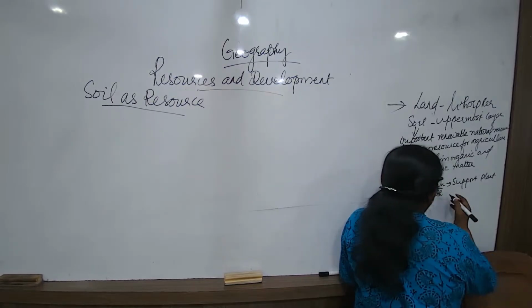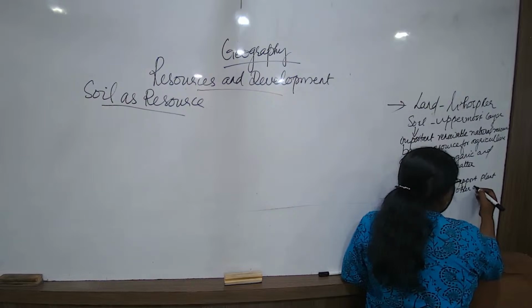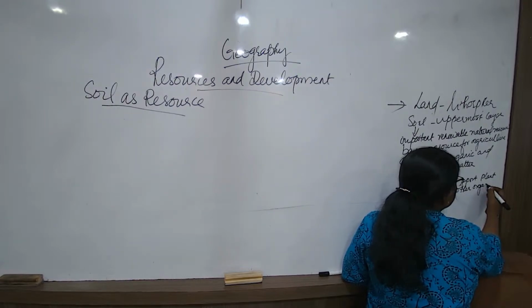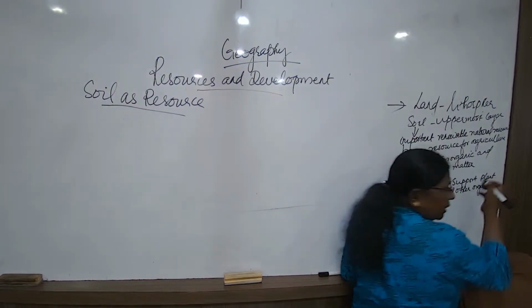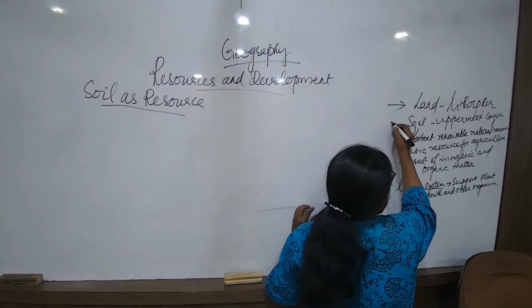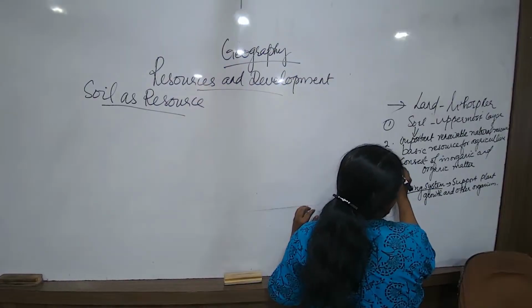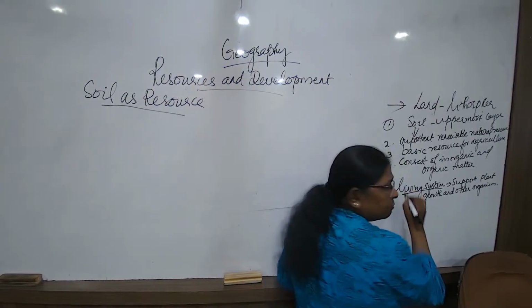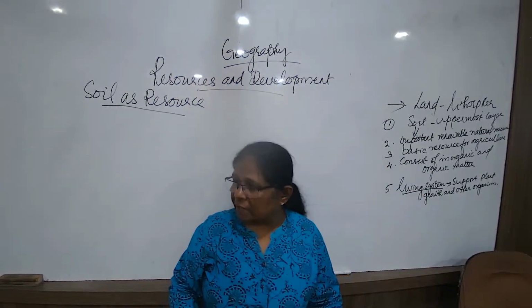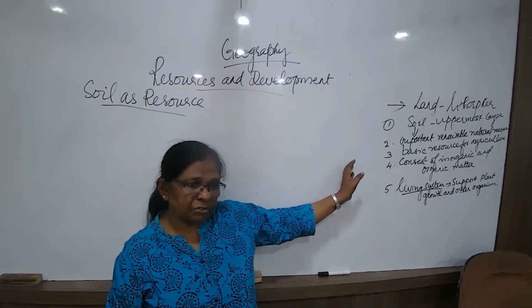Plant growth and other organisms we can write. You told about the microorganism, that is also among the other organisms. So one is the first point, second point, third point, fourth and fifth point. These all are the important points regarding the importance of soil.